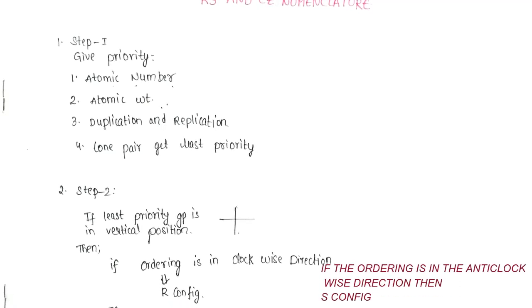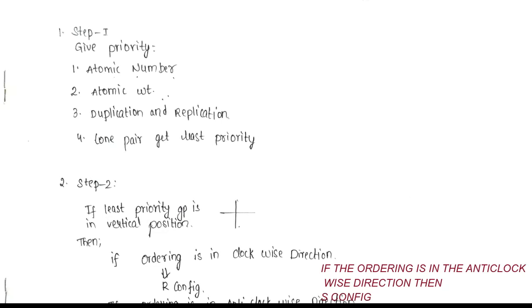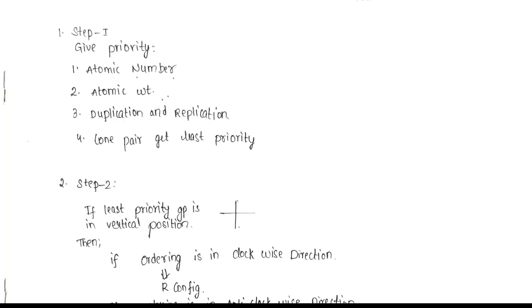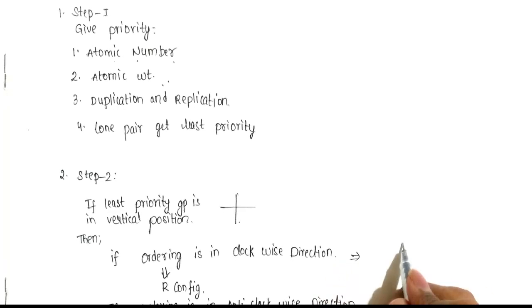If ordering is in anti-clockwise direction, then we call it an S configuration. This is the easiest way. That means here, if this is the Fisher configuration, if this is 1, this is 2, this is 3, and this is 4, here least priority is in vertical position.